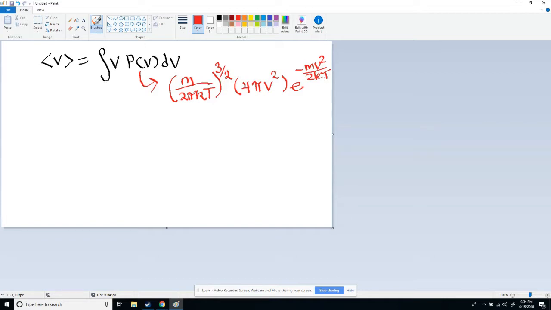So we'll go ahead and plug that in and take everything out that isn't a dV. So just rewriting this, we'll write everything that's not a dV. I should do it in red just in case it confuses people. So the 4 pi from over here is coming out.